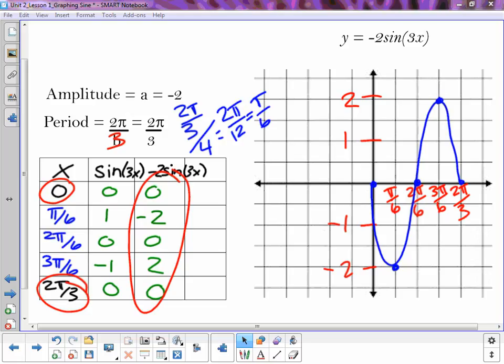So the negative reflects that thing. The 2 stretches it above and below the x-axis, and the 3 technically shrinks it. I didn't want to mess with thirds and sixths on that graph.